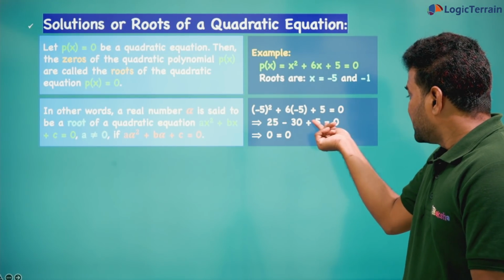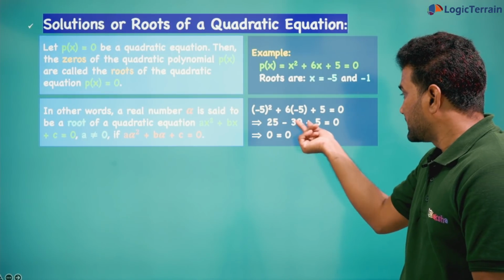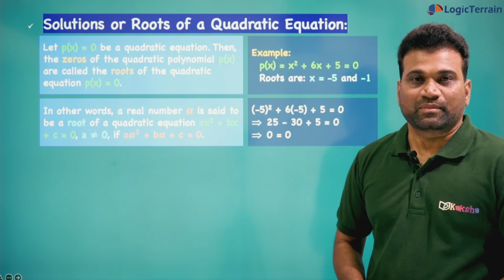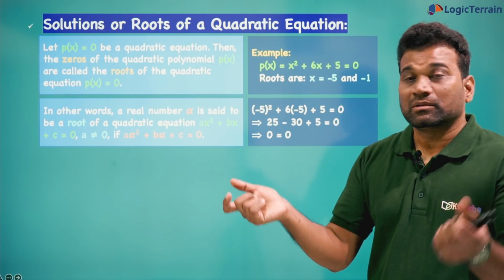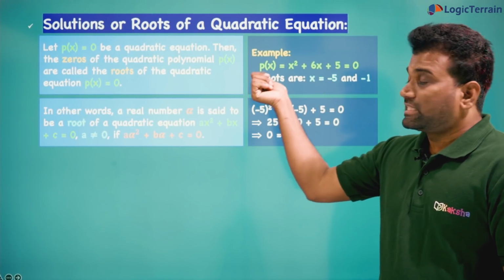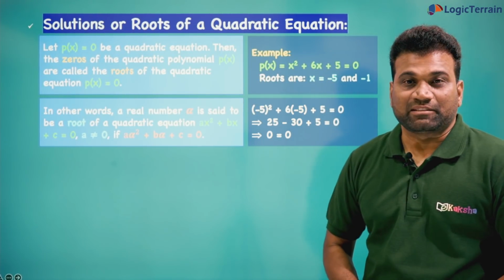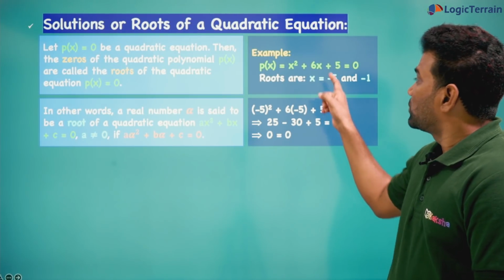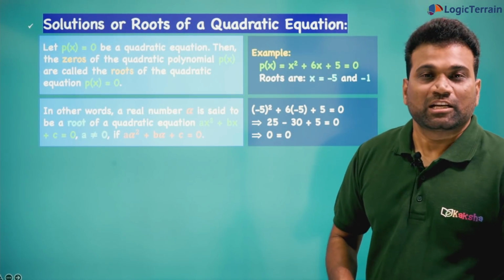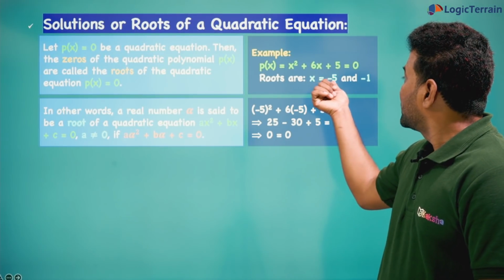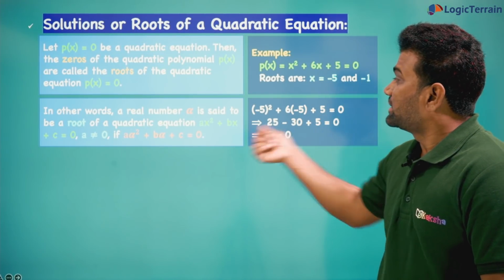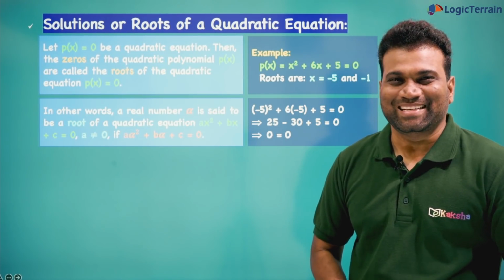Plus 25 plus 5 together 30, 30 minus 30, 0. 0 equal to 0. So LHS equal to RHS. So -5 satisfies the given quadratic equation. So this is one of the roots. You can also check with -1. So here what are -5 and -1? These are alphas. Right?